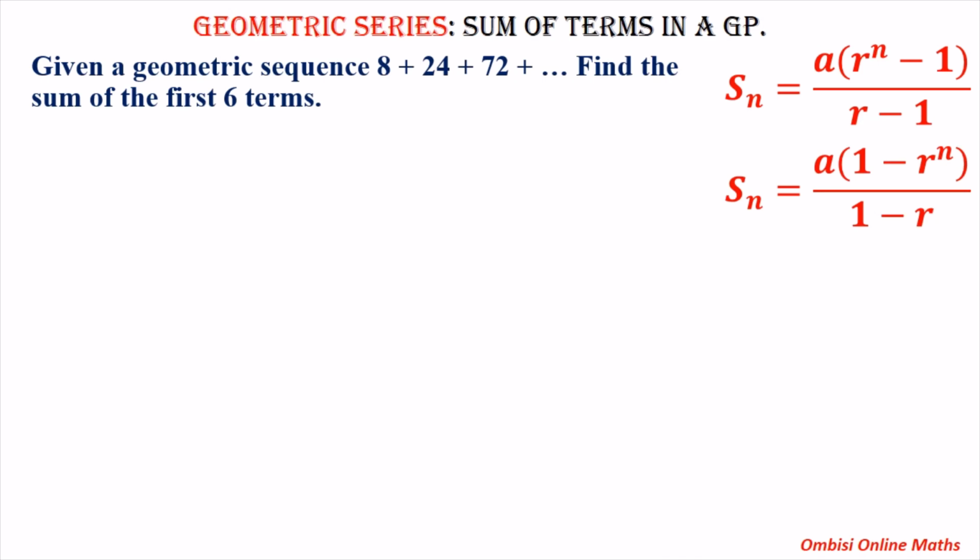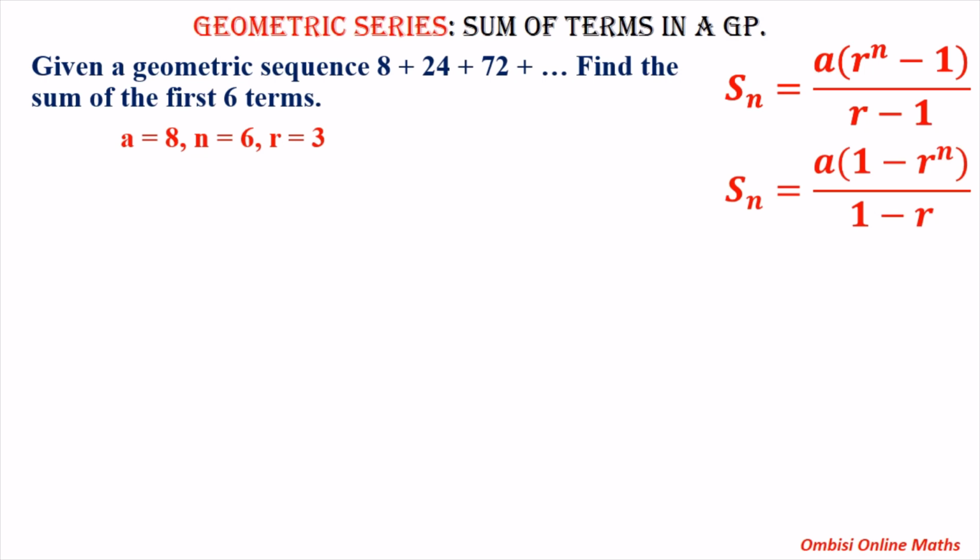Looking at this sequence, we can deduce that the first value is 8. We have been told to find the sum of the first 6 terms, so n is 6 and the ratio is 3, because from 8 to 24 they have multiplied by 3, and from 24 to 72 they have also multiplied by 3. So the value of r is 3.